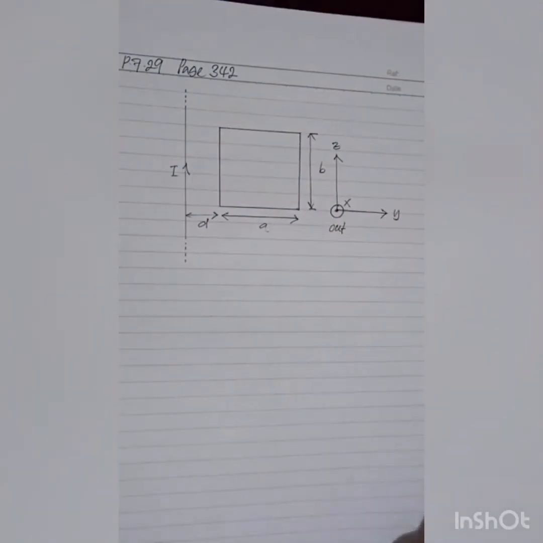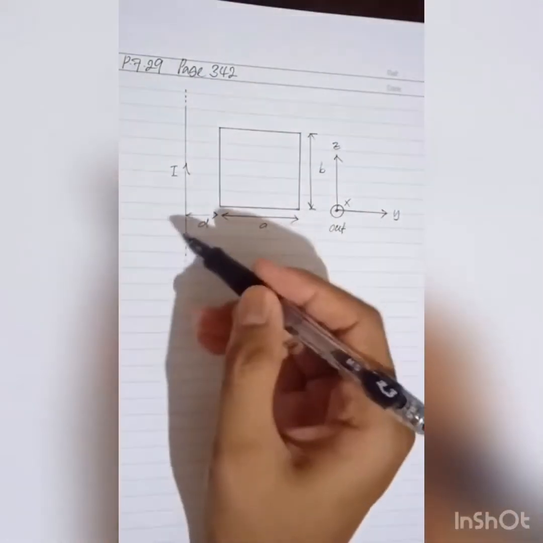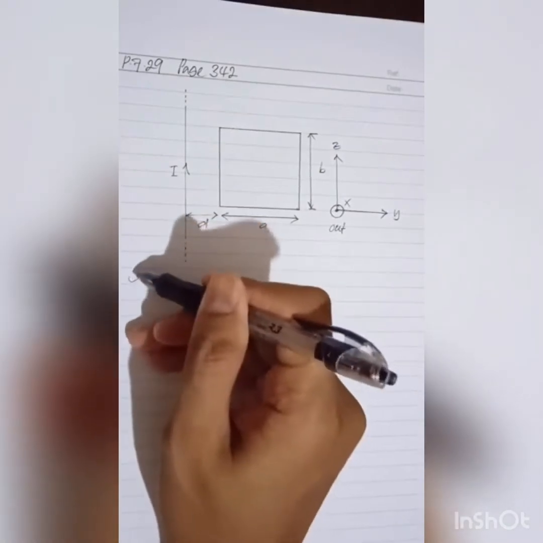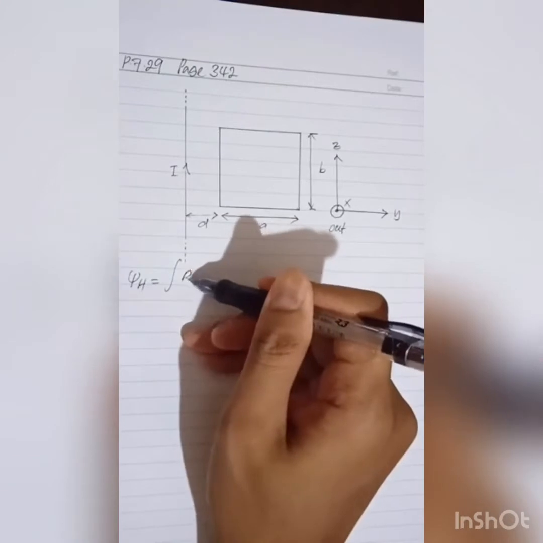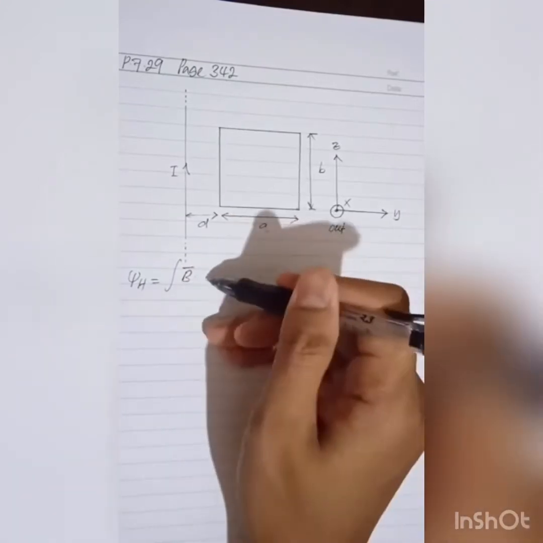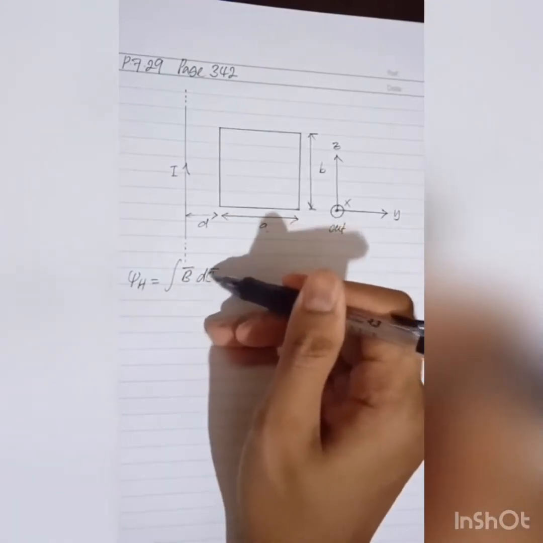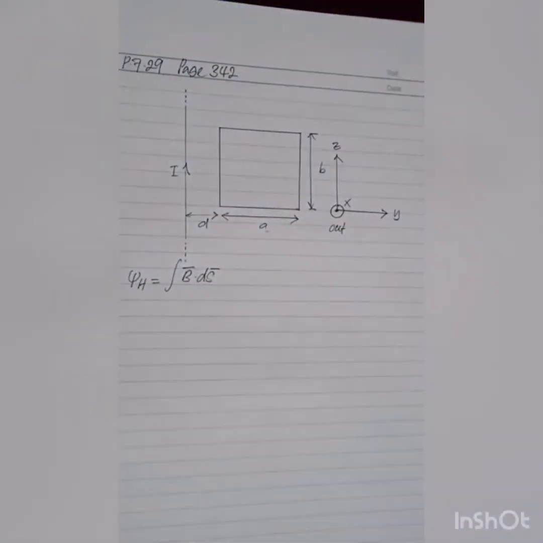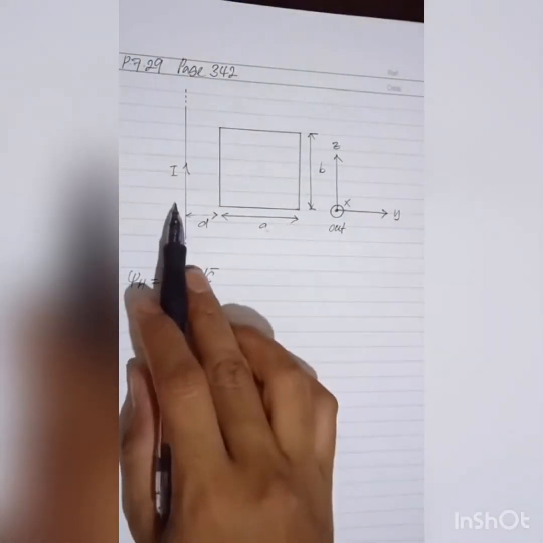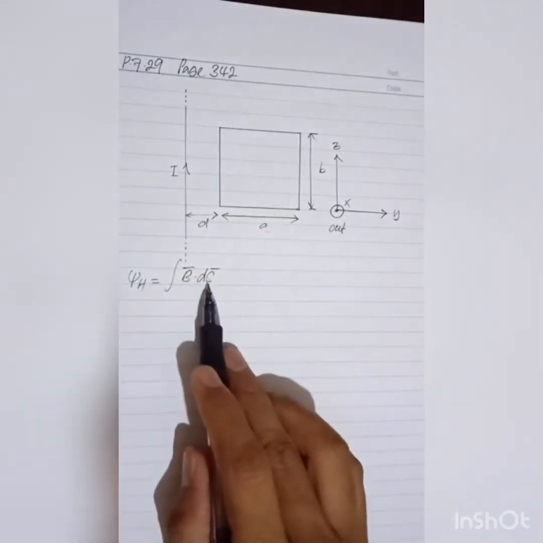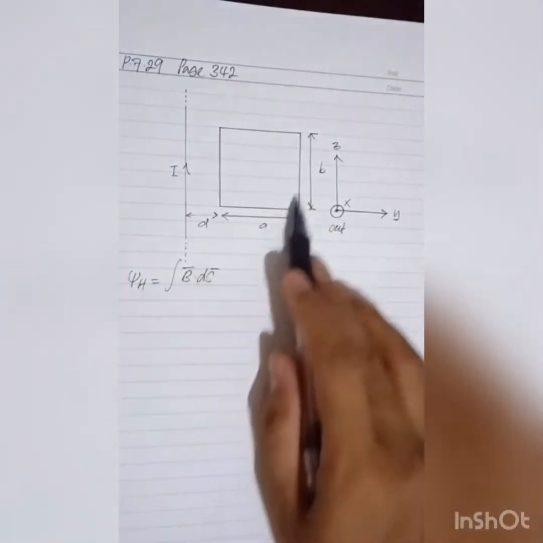Based on the previous lecture, we know that to find the magnetic flux we can simply use this equation: magnetic flux is equal to the integration of B dot ds. It means that we need to find the B due to this line current, and also the ds taken from this structure.